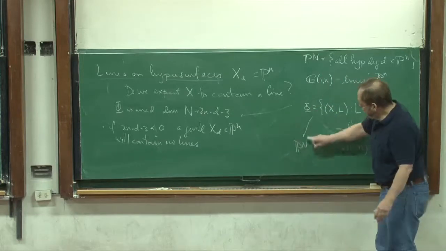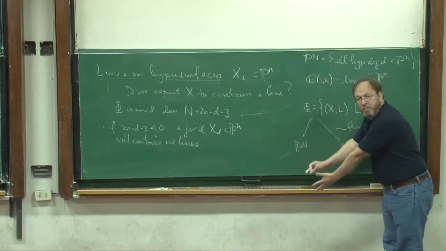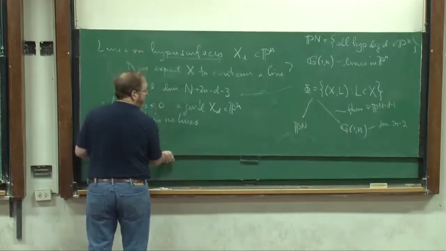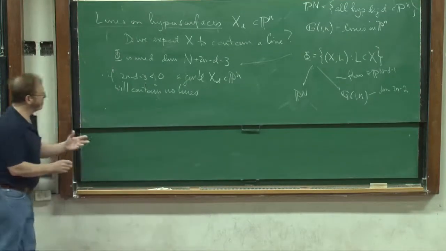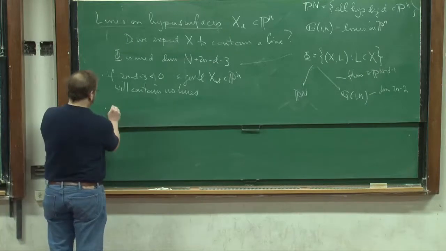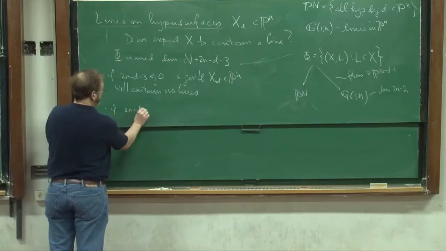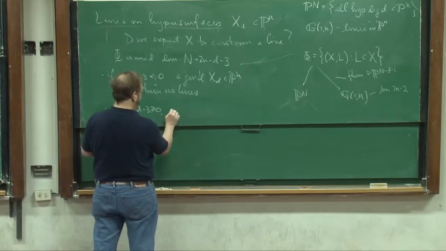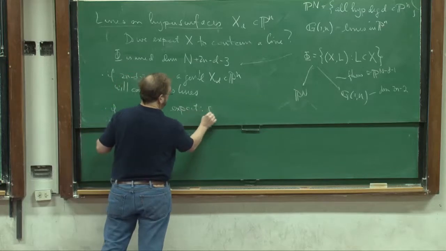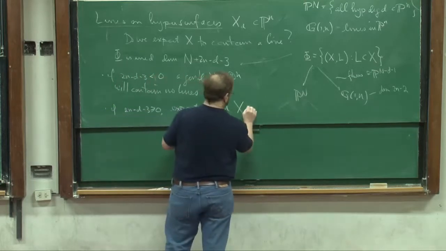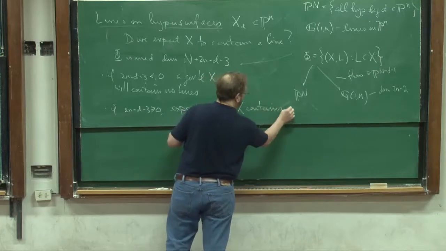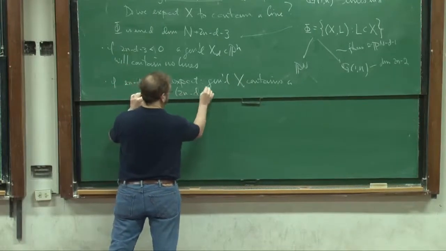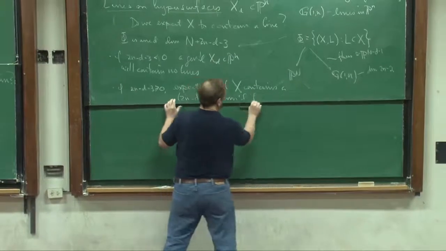And of course, if the dimension of Phi is strictly less than N, this map cannot be dominant. The other part we haven't proved, but I will assert it anyway. I'm kind of shameless that way. If 2n minus d minus 3 is non-negative, we expect that a general such X contains a family of lines of that dimension, a 2n minus d minus 3 dimensional family of lines.